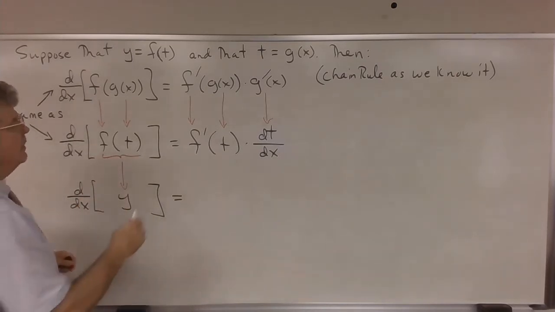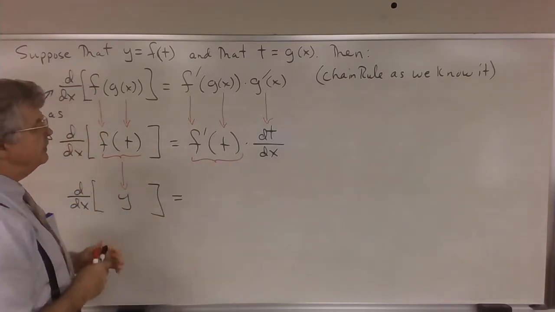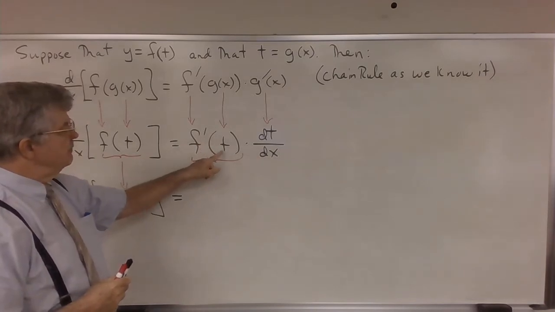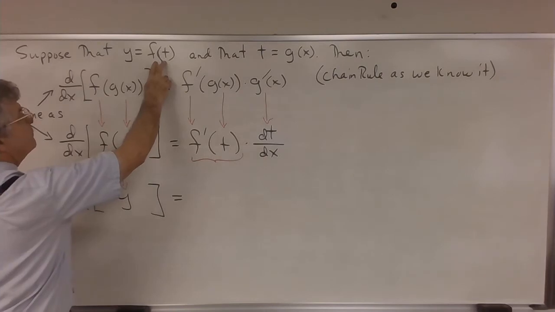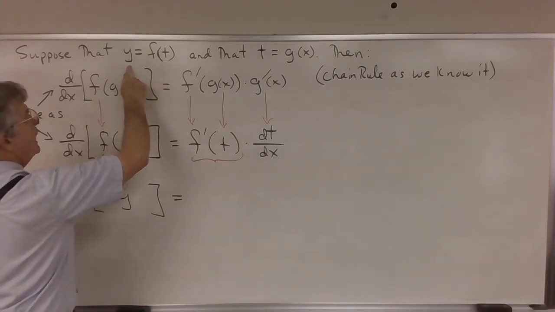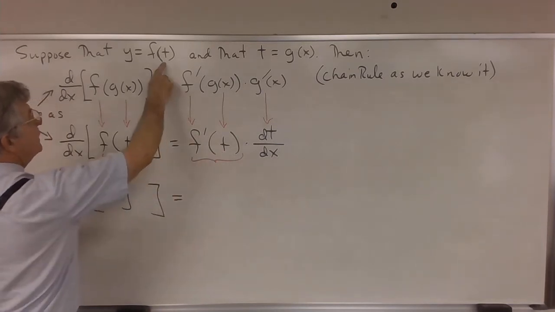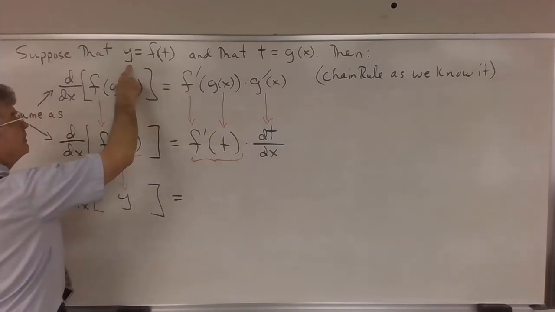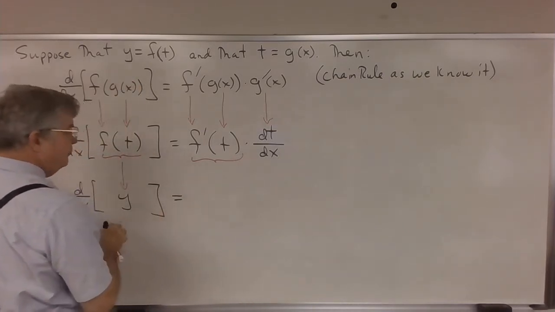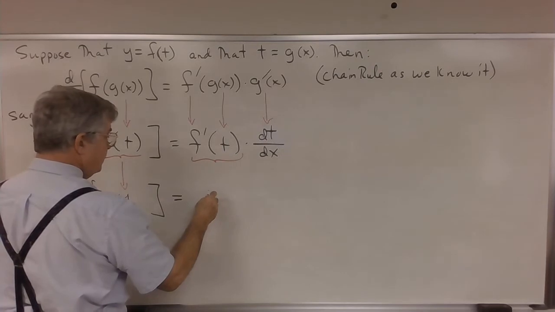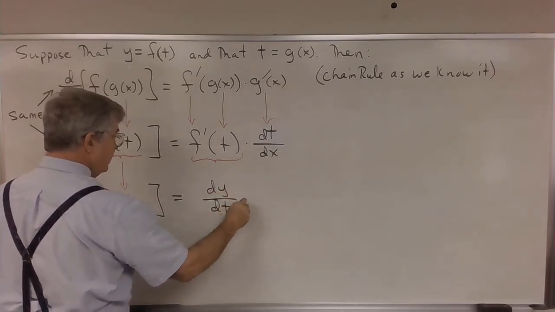And now, what do I do about this thing? This is the derivative of f as a function of t. But f as a function of t is the same as y. So the derivative of f as a function of t is the same as the derivative of y as a function of t. And I'll write it this way. The derivative of y as a function of t.